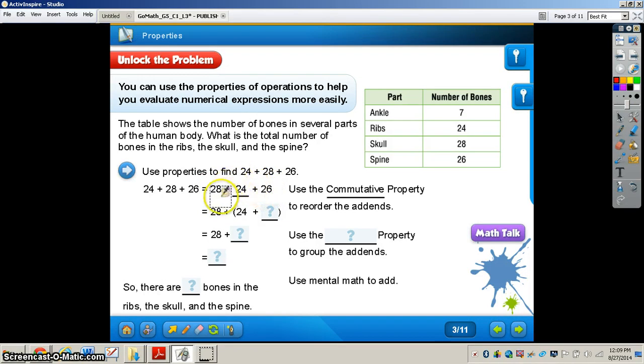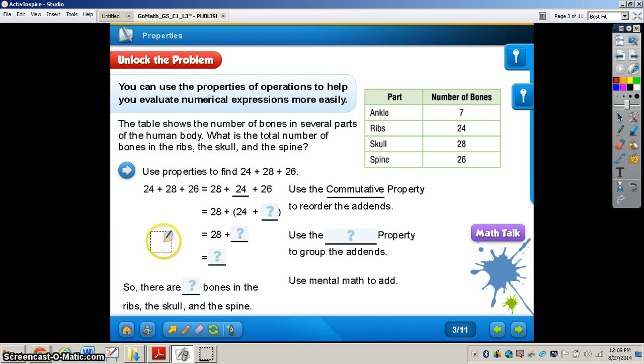Okay, and what we can do for that is, for example, let's say we want to add the 28 and 24 together first. It shows that no matter how we order everything, it's going to equal the same sum.